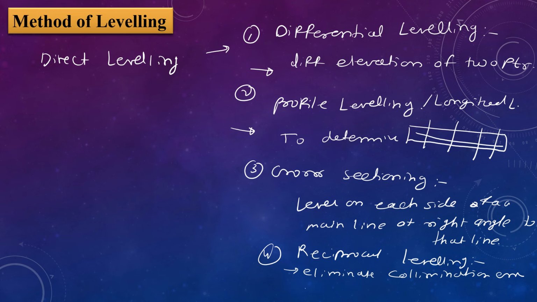This is the formula for the true difference in case of reciprocal leveling: H equals A1 minus B1 plus A2 minus B2, divided by 2. So this is all about the methods of leveling, indirect leveling and direct leveling.